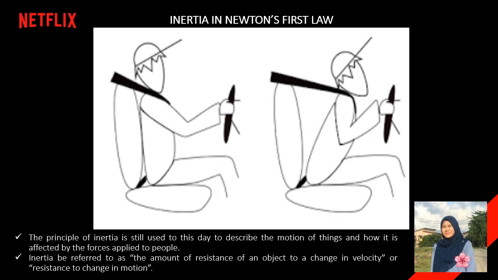The term inertia can be referred to as the amount of resistance of an object to change in velocity, or its resistance to change in motion. This term includes change in the speed of an object or the direction of motion. One aspect of the property is the tendency of things to keep moving in a straight line at a constant speed where there is no force affecting them.